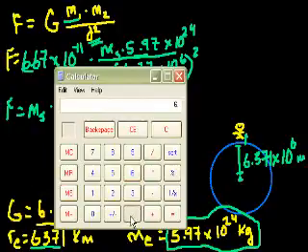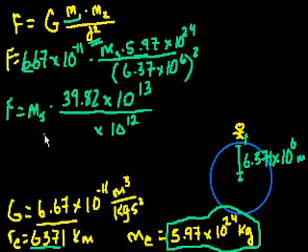So let's figure out what 6.37 squared is. This little calculator I have doesn't have squared, so I have to multiply 6.37 by itself. So it's 40.58.